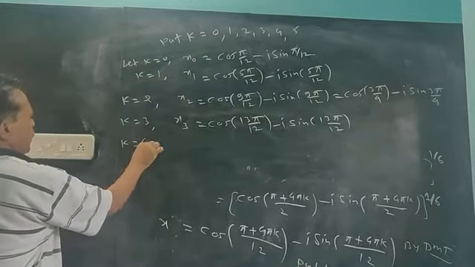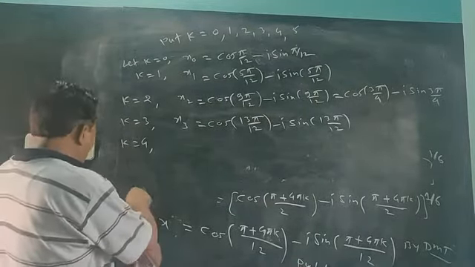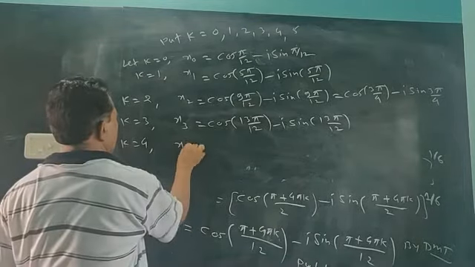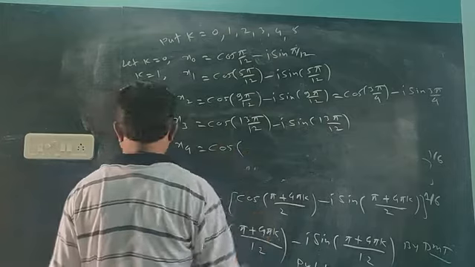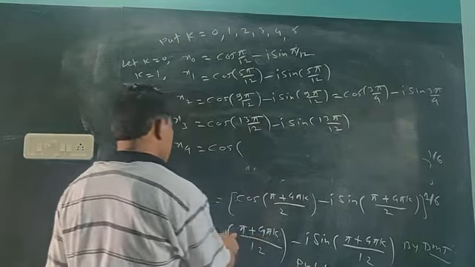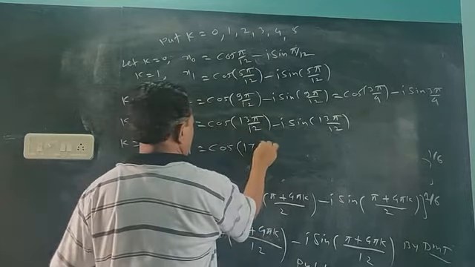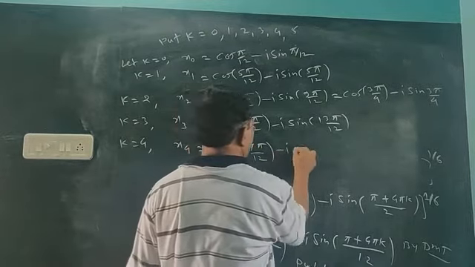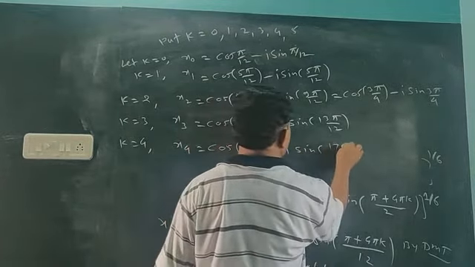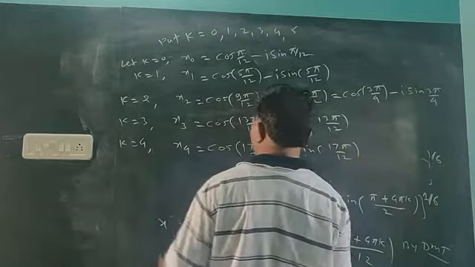K is 4, x4: cos of k is 4 into 4, 16 plus 1, 17 pi by 12 minus I sin 17 pi by 12.